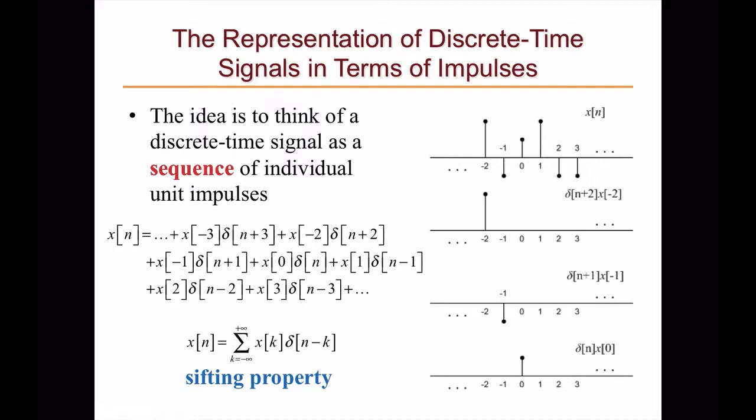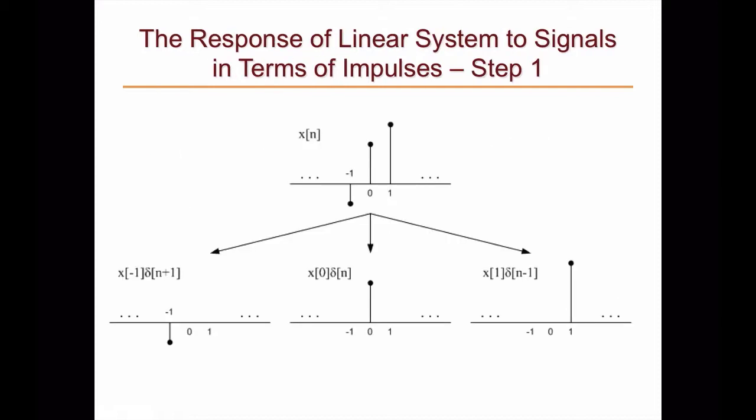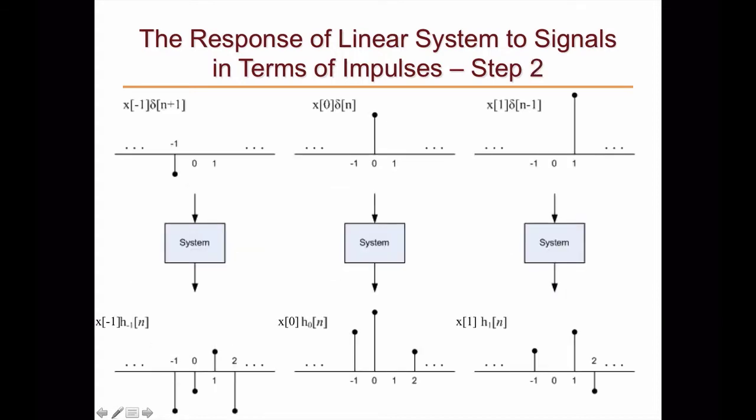By decomposing the signal into small impulses, we can then process them individually to get the response of the system. First, we decompose the discrete-time signal x[n] into small unit impulses. Second, we give these small signals to the system.